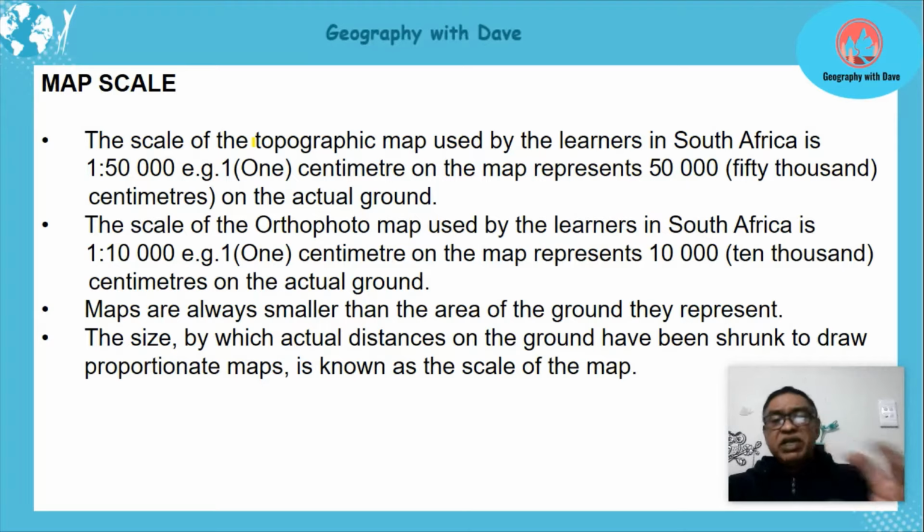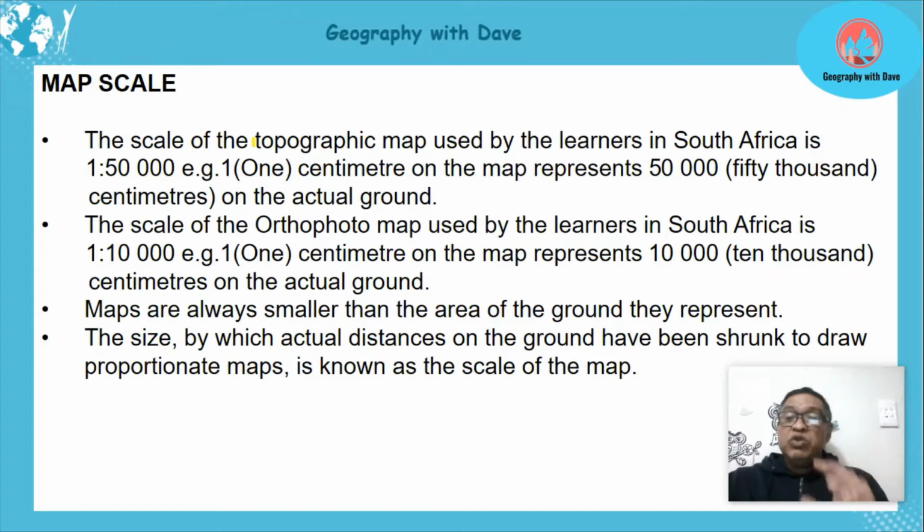But I want to get specifically to the scales we would use for our topographic maps and our orthophoto maps in South Africa when learners do their grade 12 exams. You will use certain scales for your map work paper. Theory can be a bit different. They may put in a different scale to show you distance, but for map work, this is what you will use.